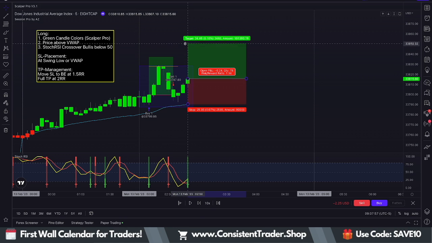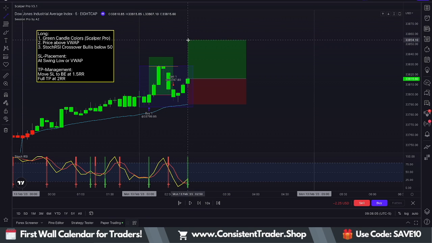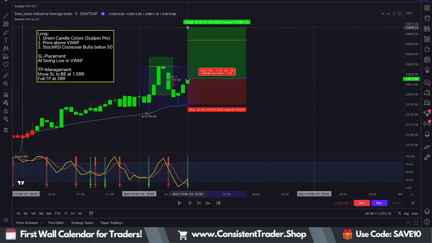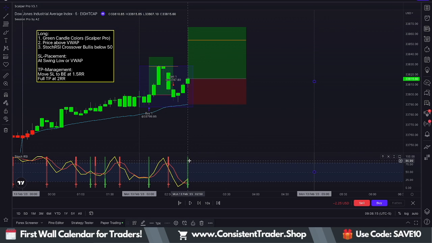Let's go for the VWAP right here again, and we are targeting first of all a 1 to 1.5 risk to reward ratio, and we are going to use a little line here so we know once this level has been hit, we are moving our stop loss to break even. Alright, so let's continue. Right now it's 2:50.